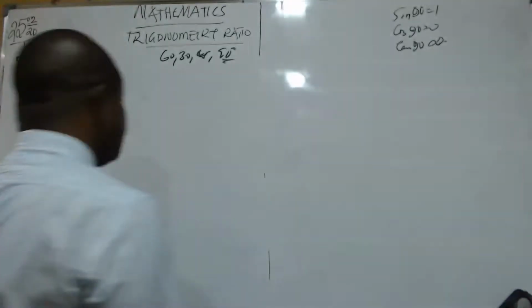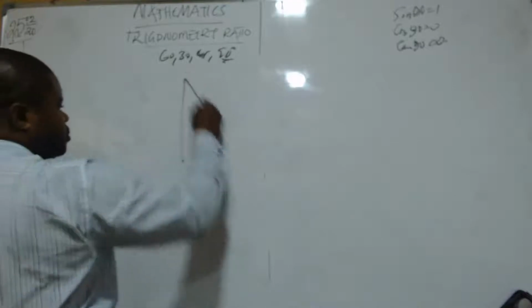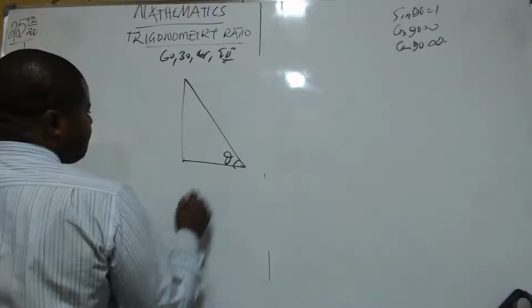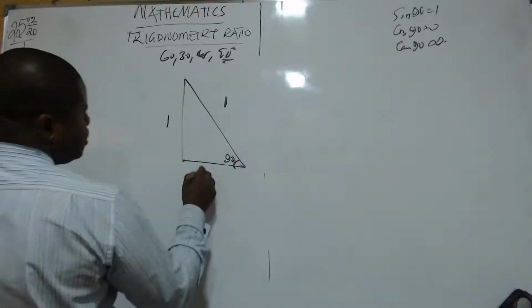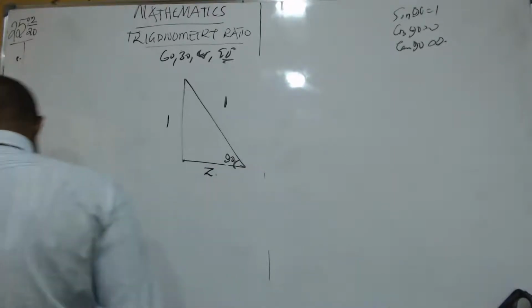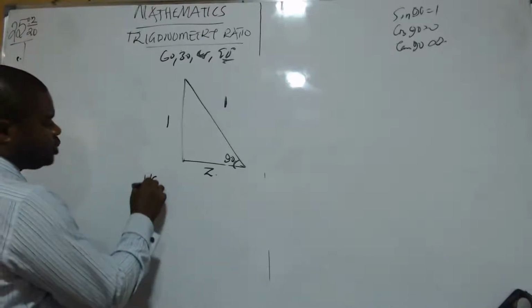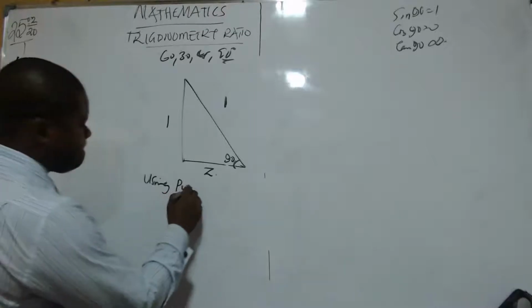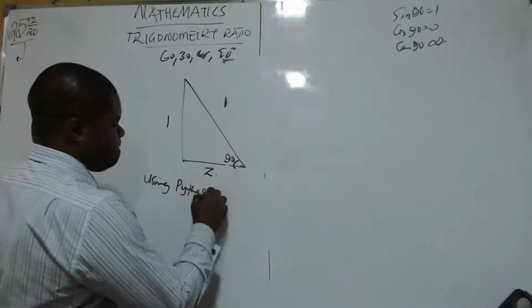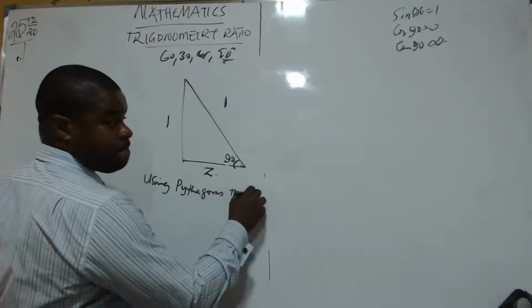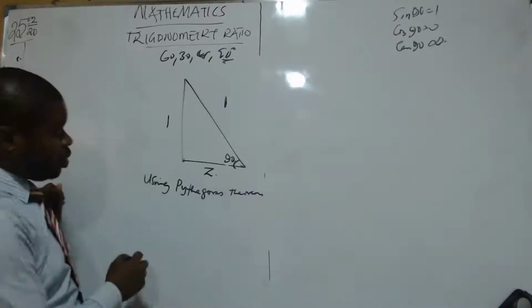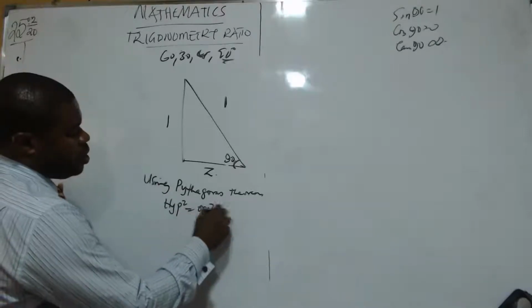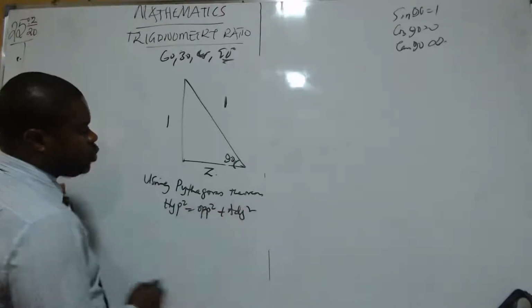Now, come with me. We have this theta. We are looking for this side. So we're going to say, using Pythagoras theorem, we're going to have opposite square plus adjacent square.